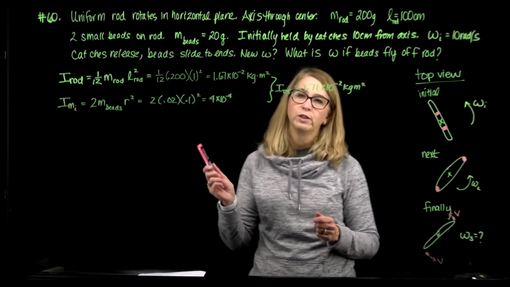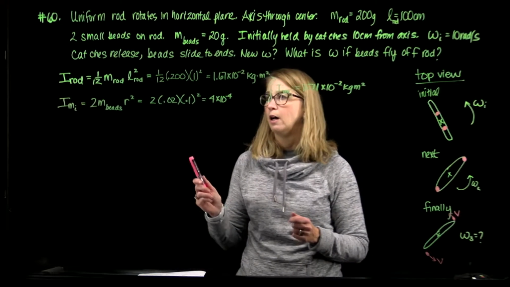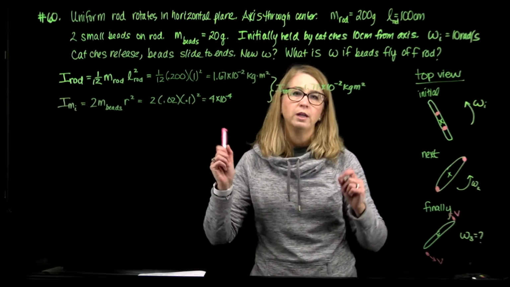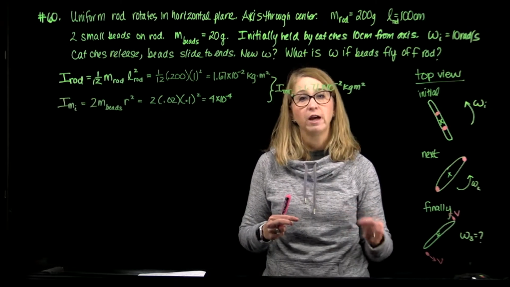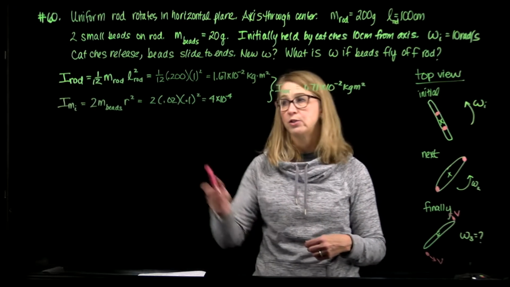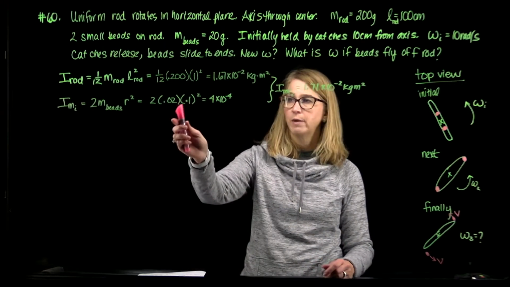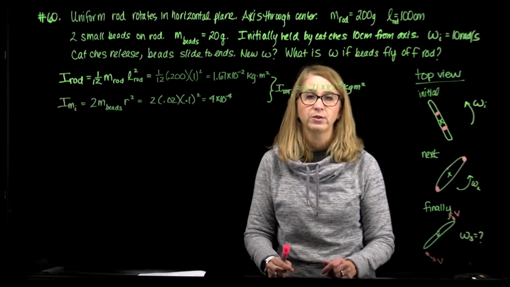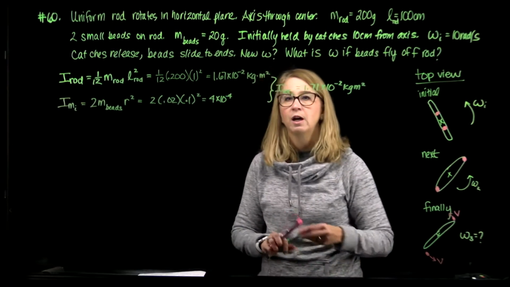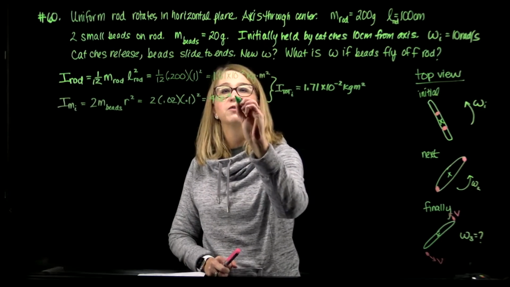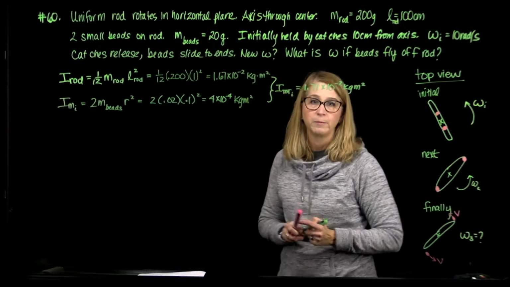Initially, when the beads are 10 centimeters from the axis, they add a moment of inertia. Each one would have a moment of inertia of mr squared. We have two beads, so the total moment of inertia of the two beads is twice the mass times the radius squared, which is 4 times 10 to the minus 4 kilograms meters squared.